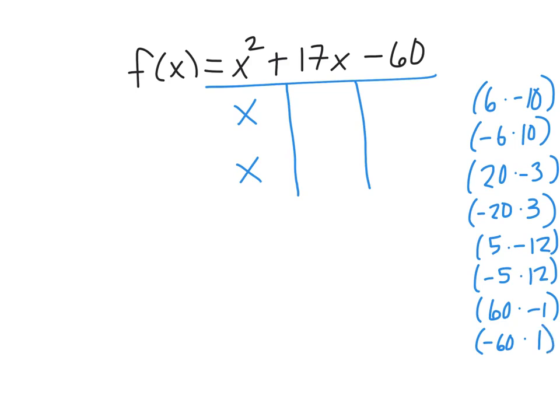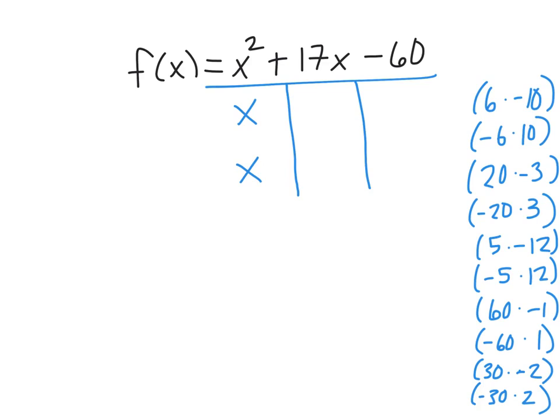What else? Am I missing something? Oh, you also have 30 times 2, and negative 30 times 2. If there's more, I apologize, but you basically list all of your factors.